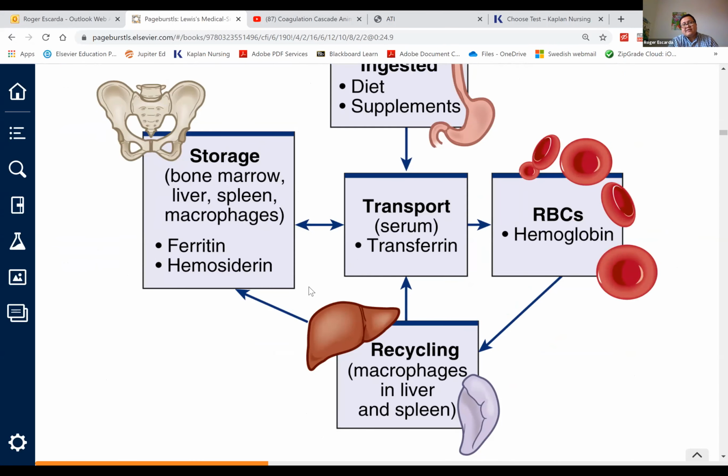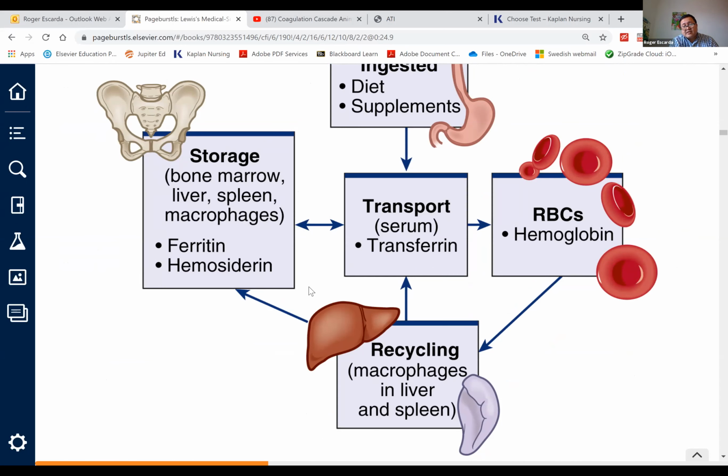okay, this is the life cycle of your red blood cells. It's not really testable, but kind of tells you what the spleen's function is. So as the red blood cells outlive their lives, they die after approximately 120 days, they are recycled.